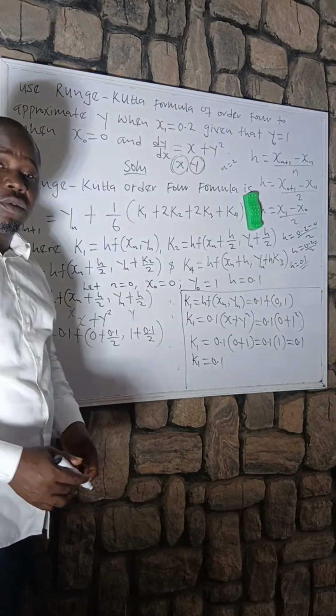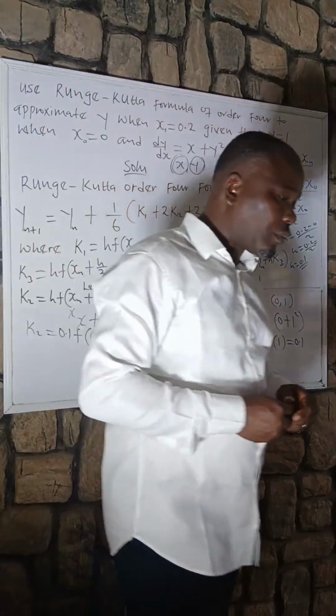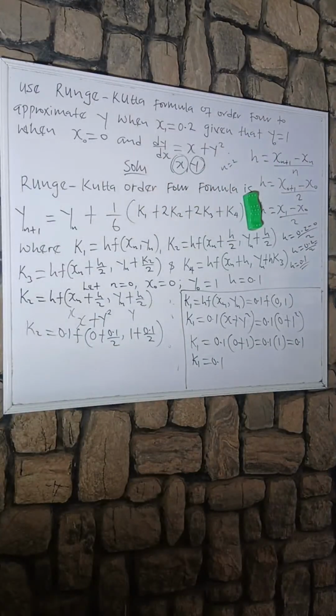0.1 over 2 will give you what? I want you to do it. That will give you 0.05, right?